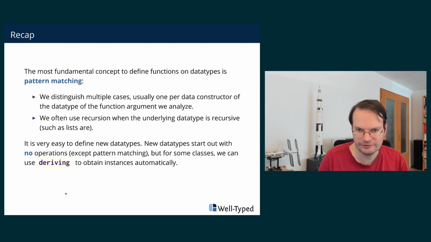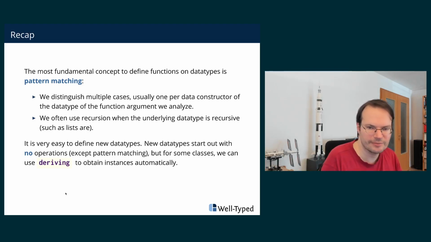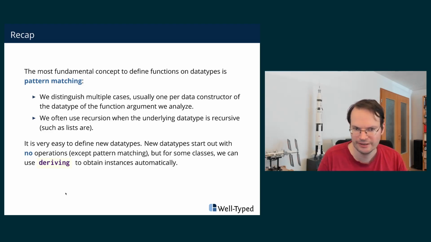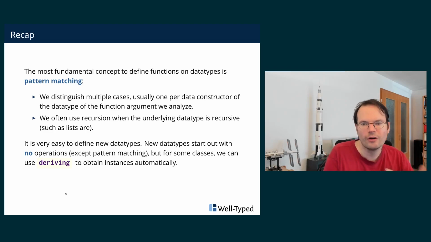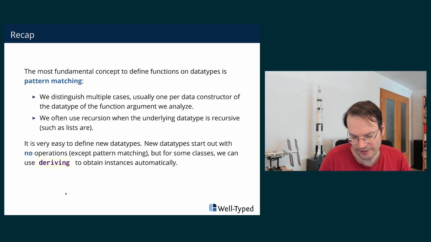Defining functions on new data types or existing data types using pattern matching is probably the most fundamental part of Haskell programming, right? This notion of distinguishing multiple cases, one per data constructor, and following the shape of the underlying data type, also in the sense that we recurse when the data type is recursive, such as lists are. That's really what I think is the essence of fundamental beginning Haskell programming.